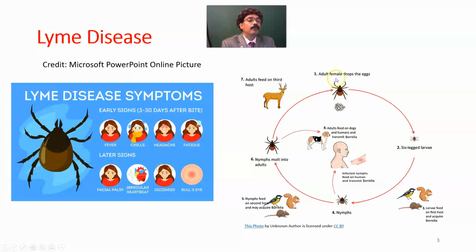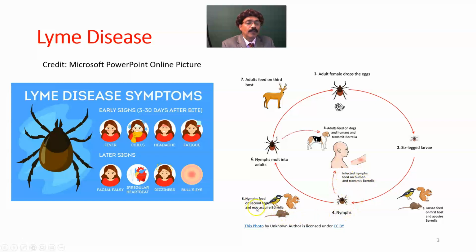The adult female drops eggs and they become six-legged larvae. The larvae feed on the first host and acquire Borrelia. The first hosts include white-footed mice, squirrels, and birds. Then the infected nymph feeds on humans and transmits Borrelia.